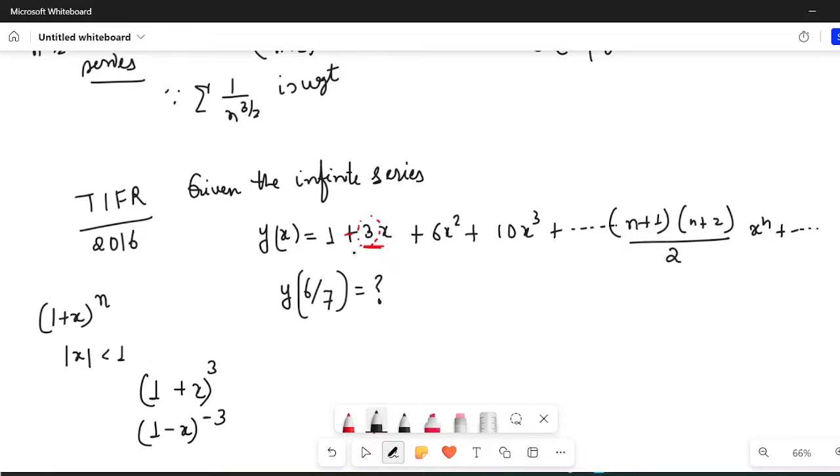However, here it is written 1 plus 3x. So you can clearly see that either this would be the case or this would be the case. I hope it is clear. Please let me know if that is clear. If the idea is clear, then we'll do the question, don't worry.